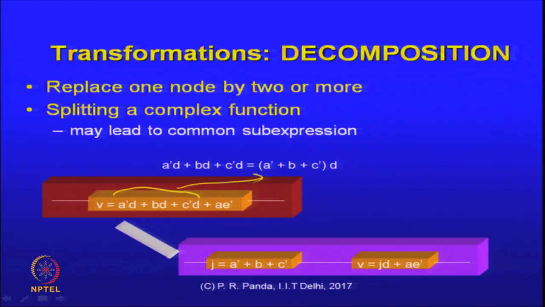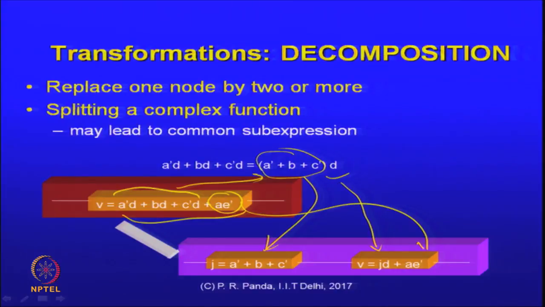So, I could realize this bigger function in terms of this expression, which is the first node. You have the product of that with D, which is this, and that part remains unchanged. This too could be thought of as an intermediate step, but in general factorization is always good. It helps us reduce the number of literals.